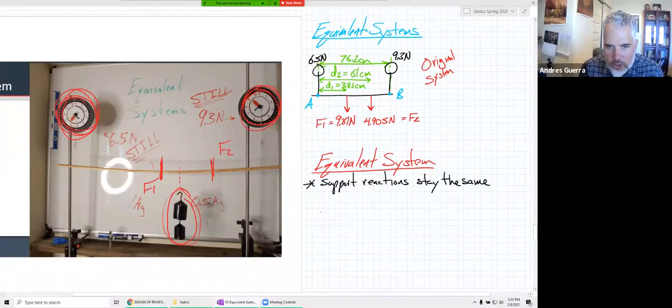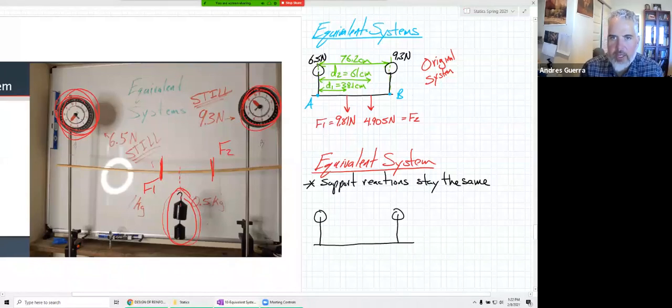And so let's draw again. We have our tension protractor here, and we've got our meter stick going across there. Our other tension protractor is here. We still are going to have 6.5 newtons right here and 9.3 newtons right here, with just this FR at some distance, and let's call it X. So we want to know, where do we need to put that?